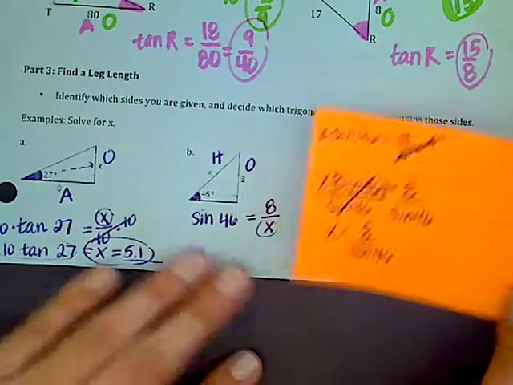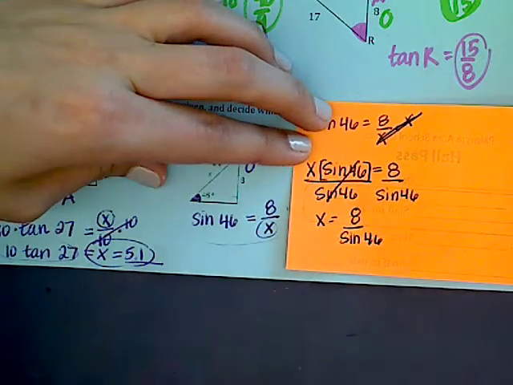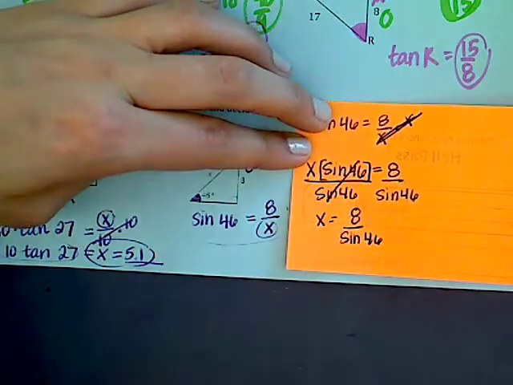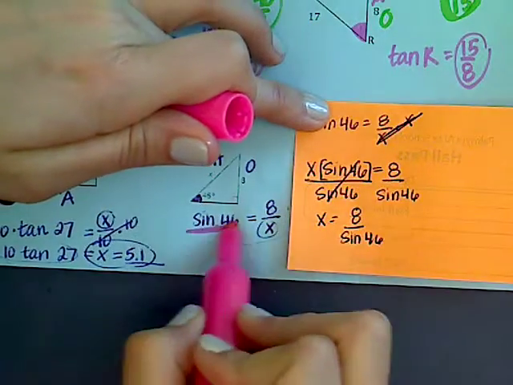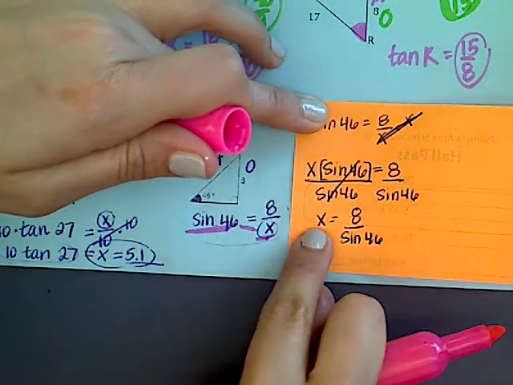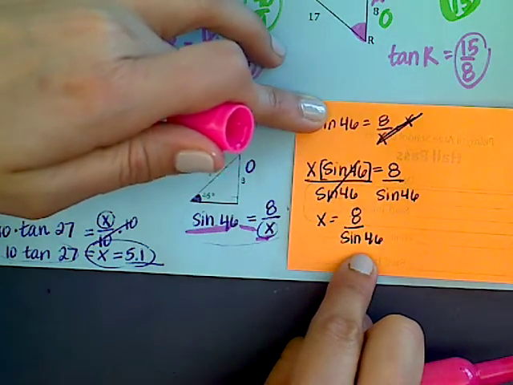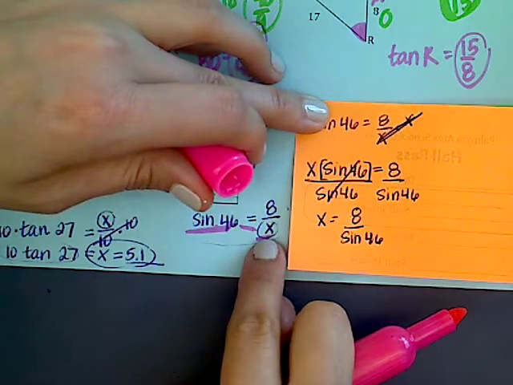Now what I want you to notice is, this is what we started with. This is what we ended with. All that happened was that sine 46 and x switched places. Do you see now x is here, sine 46 is here. And that's going to happen every time you solve a problem where x is in the denominator.